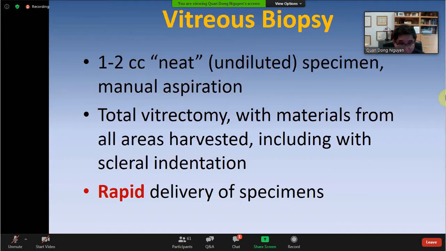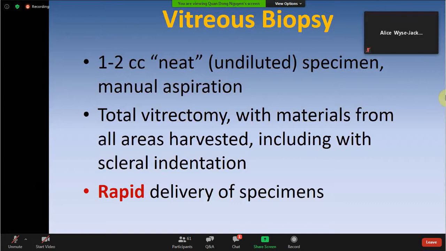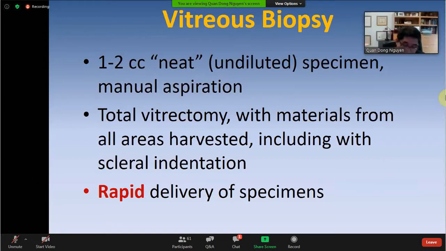And when you do the vitrectomy, you want to do not just a core, but a total vitrectomy so that you can get material from all areas, including, let's say, a lesion right on the surface of the retina. Then your assistant can help you depress so that you can use your cutter to come as close to that as possible without cutting the retina, obviously.